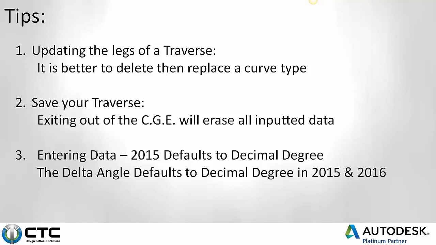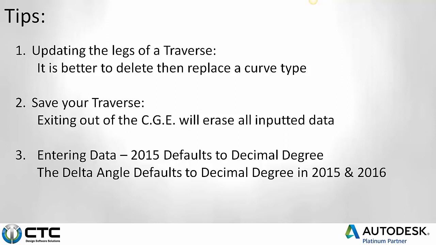But even in 2016, the delta angle defaults to decimal degree in both versions, so 2016 and earlier. So when I do my example here, I will actually make sure that I put in the D, the foot mark, and the inch mark.